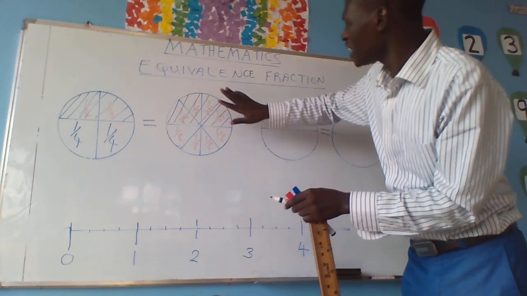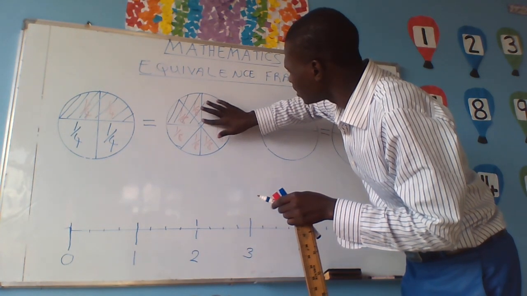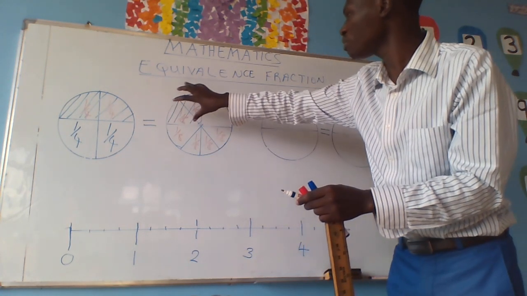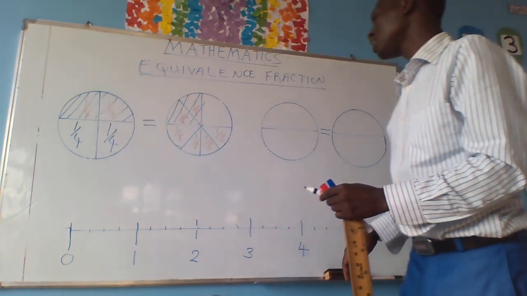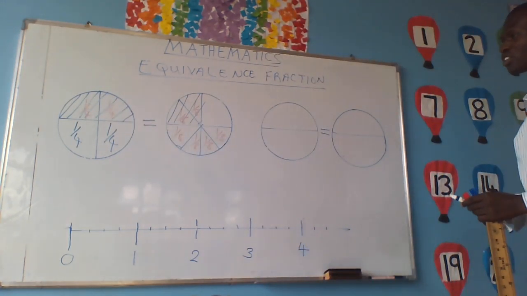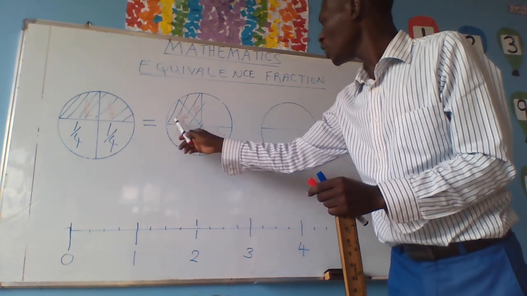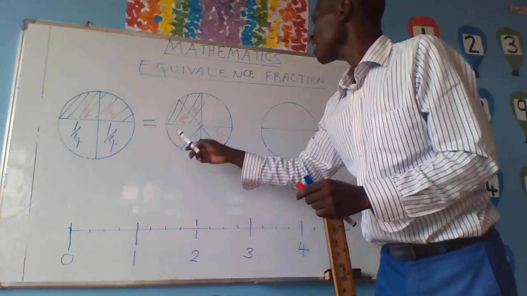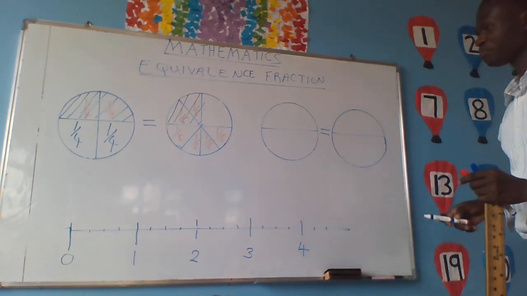So when I remove this part here, I will remain with only this part. This part is the same as a half of this shaded part. So 1 out of 4 is the same as 1 out of 8 plus 1 out of 8.